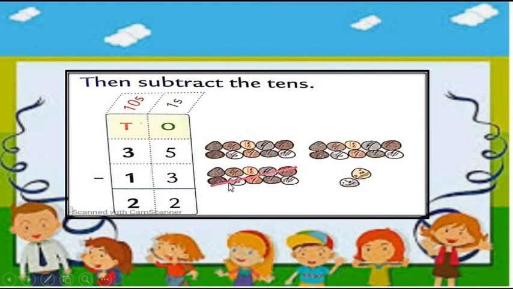Out of that we have to cross out 1. And see how many stones remain. 1 and 2. 2 bunches of tens are remaining. So 3 minus 1 is equal to 2.